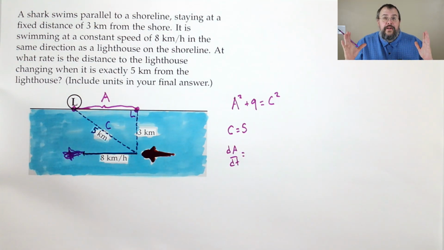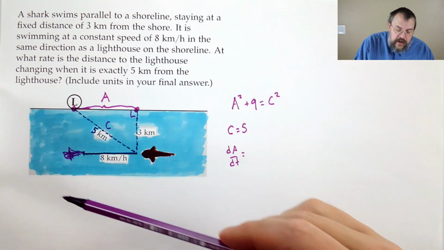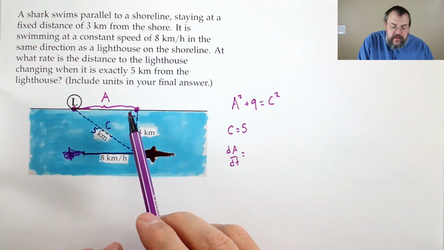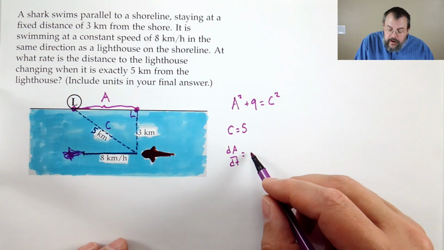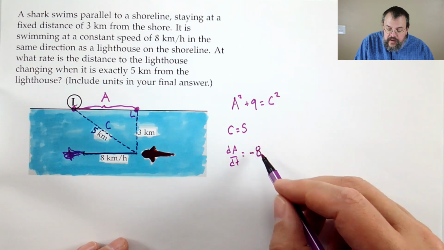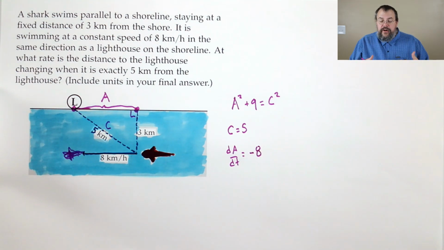But is it getting shorter or longer? It's moving closer to the lighthouse, which means this distance is getting shorter. So that's a negative 8. Our units are kilometers per hour. It's very convenient not to write units during the computation. They will work out in the end to be what they need to be.